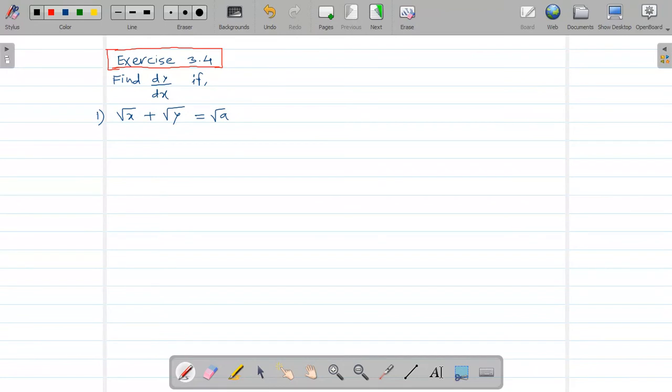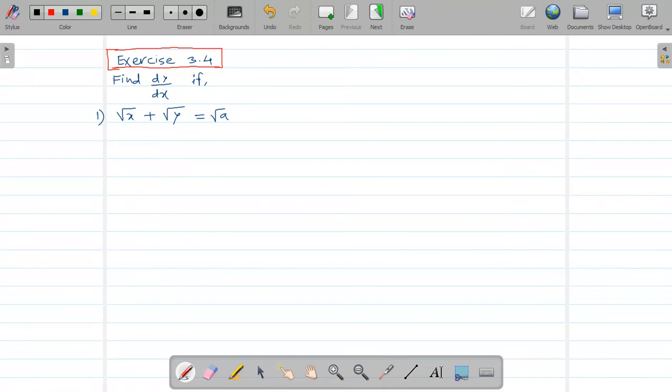Now see exercise 3.4. We have to find dy by dx if the first function is given, root x plus root y is equal to root a. Now let us solve this to take the derivative dy by dx.